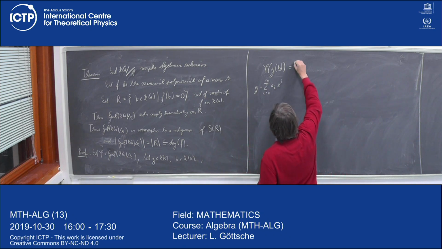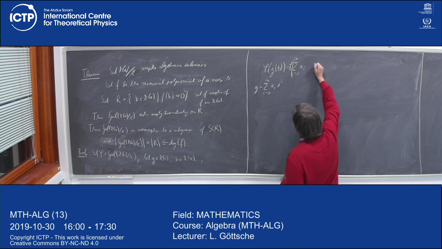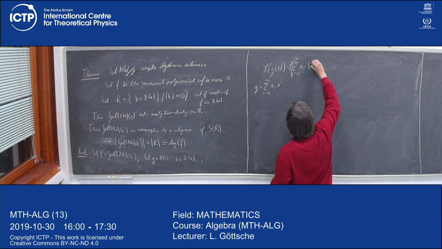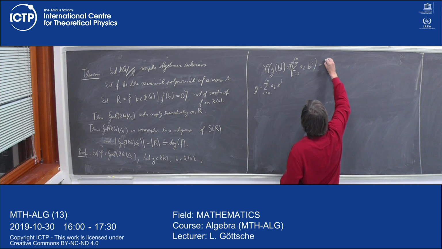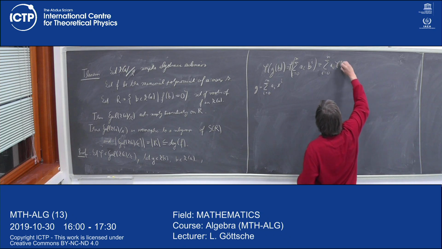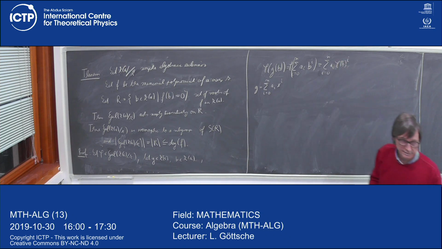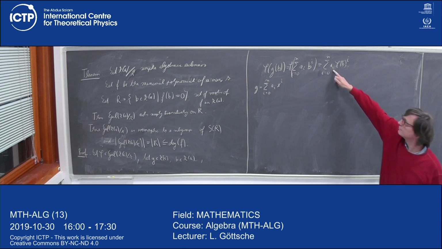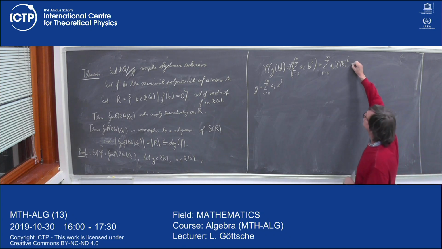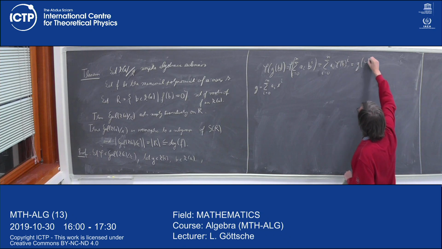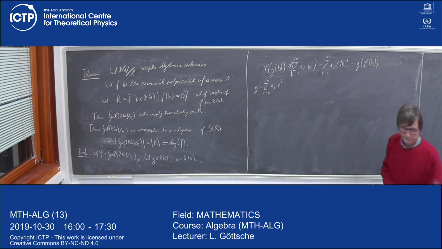So this will be the sum from i equals 0 to n of a_i phi of b to the i, which is equal to the sum of a_i phi of b to the i, because this is a K-homomorphism, so it's the identity on the elements of K, and it's a homomorphism, and so this is g of phi of b.